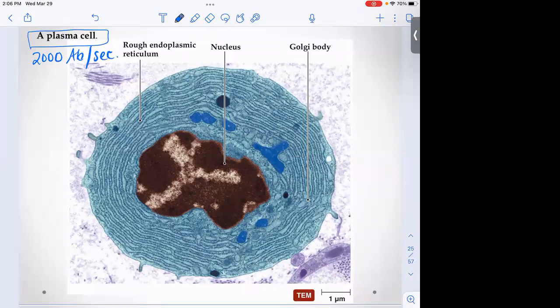So, really fast metabolism. They typically don't live very long. They burn out because they're, again, producing so much protein so fast. Now, there are different kinds of plasma cells. There are ones that are kind of slower, and then they live longer. But I won't get too much into that.